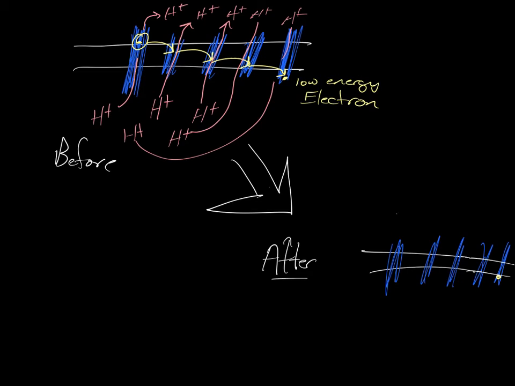But what you're left with is a lot of hydrogen ions over here, and only a couple, a very few, over here, right? So what do you think is going to happen?